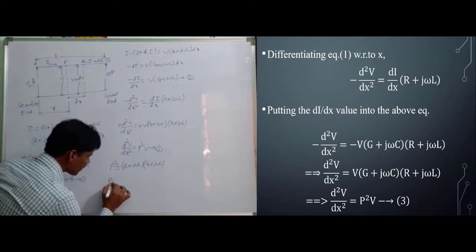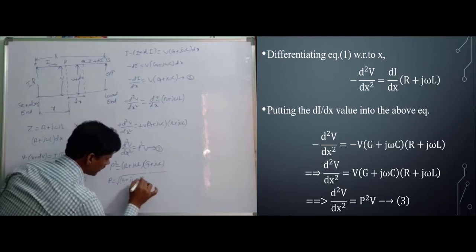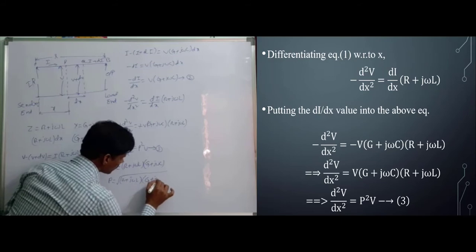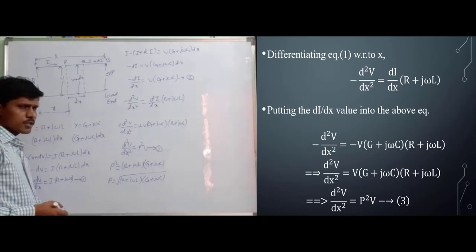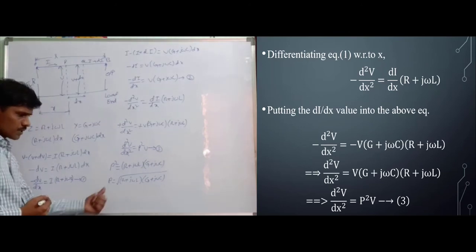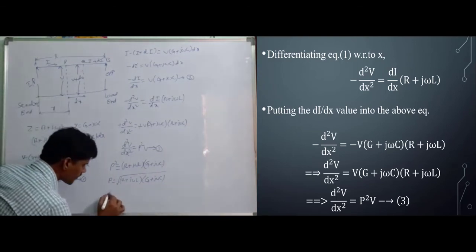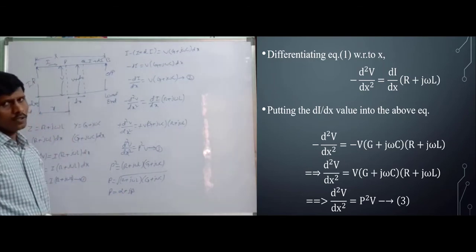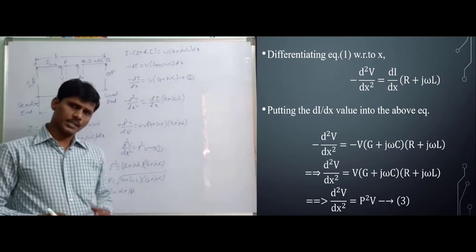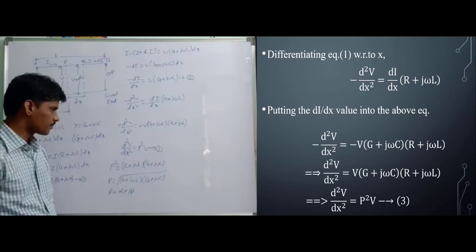So P is equal to the square root of (R plus j omega L) into (G plus j omega C), where P is a complex quantity. For a given frequency, it is called the propagation constant. The propagation constant P is a complex quantity and it is given by P is equal to alpha plus j beta.